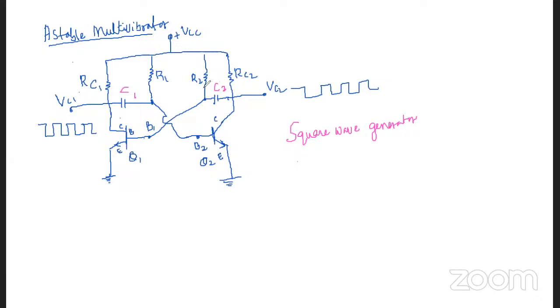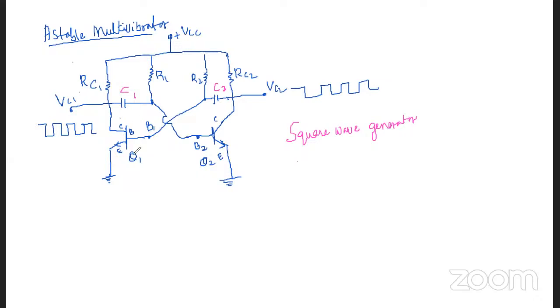So the output of one stage becomes the input of the second stage, and the output of the second stage becomes the input of the first stage here. Okay, so this is the circuit arrangement we have.